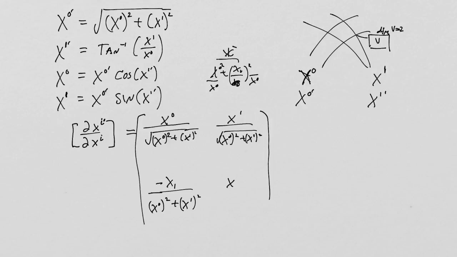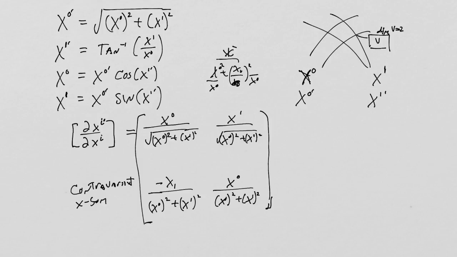So that's going to be x0 over x0 squared plus x1 squared. And this time there is no minus sign. Okay, I'm going to take a break for a second and just double check this. Okay, so that looks good actually. Huh, who knew? So that's the contravariant transform.